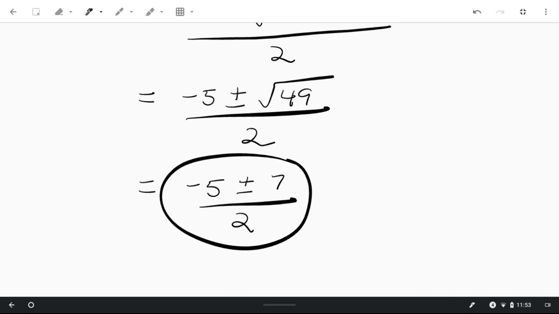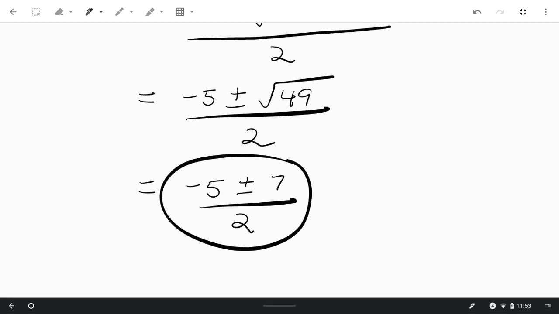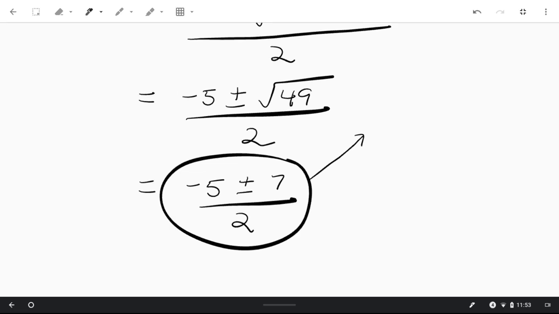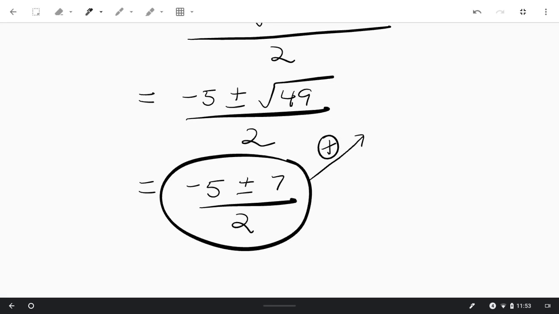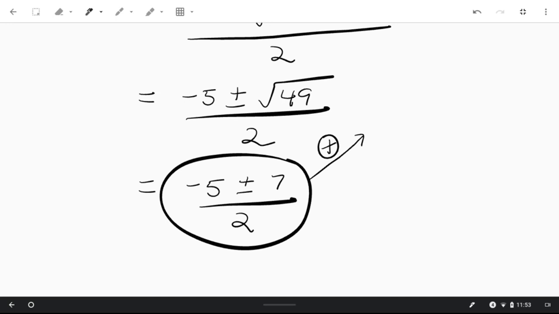We have a plus or minus there, so we're going to do 2 problems. One where we do negative 5 plus 7, and another where we do negative 5 minus 7.